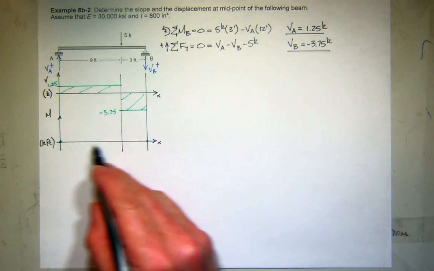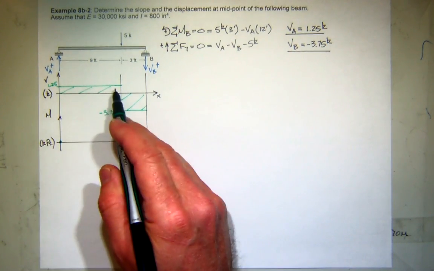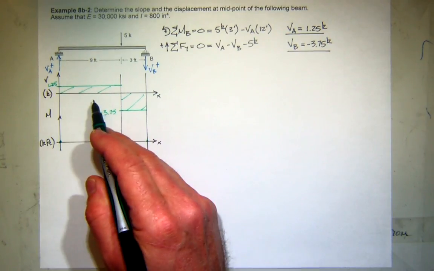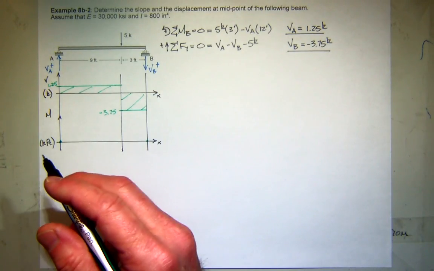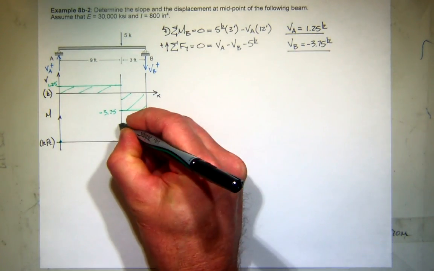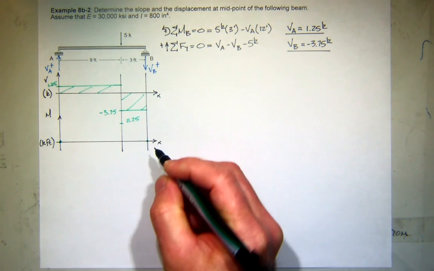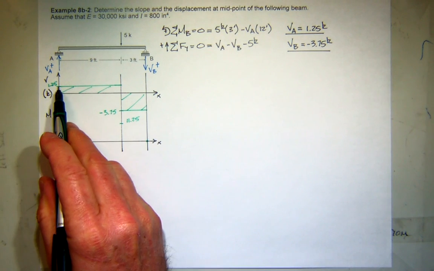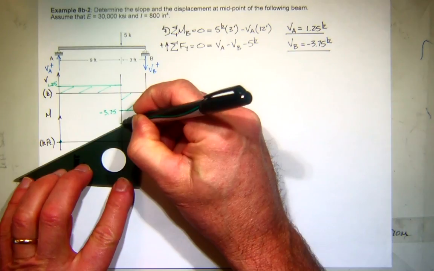So with the first 9 feet, we know the change in moment is the area under the shear diagram, which is 1.25 times 9, which is 11.25. So that gives us a positive value of 11.25. And you'll notice the shear value is constant and positive, so we have a constant positive slope.